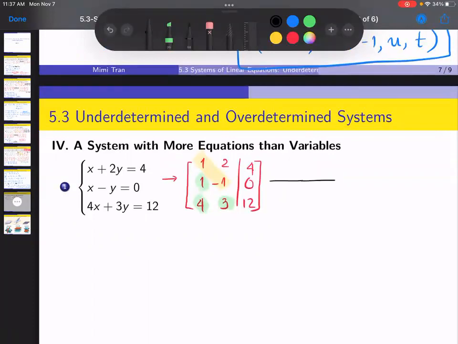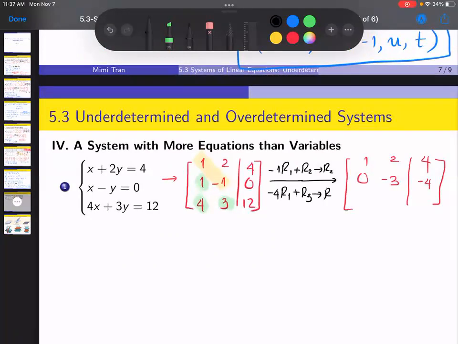Let me see. So 0, right? -1, so -2, -3, -4, so it'll be -4 here. What about the 4? Multiply the first one by -4. So 0, negative 4 times 2 is -8 plus -5, -16, and then 12 is -4.